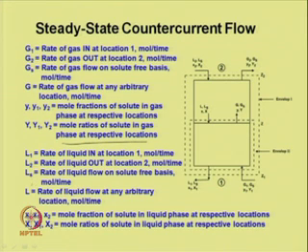L1, L2 and Ls, and L, are the liquid flow rates at respective locations, and small x is the mole fraction of the solute in the liquid phase, and capital X is the mole ratio of the solute in the liquid phase.